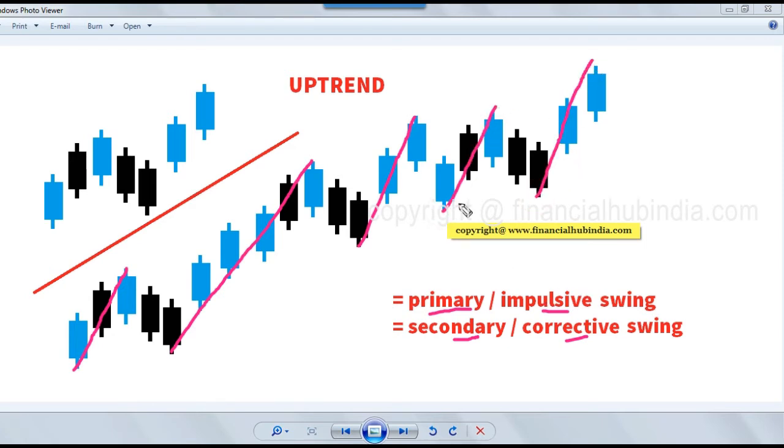These are the impulsive or primary swings because these are the main swings. Prices are mainly moving up, then falling down. And the secondary or corrective swings are this one, then this, then this, then this.